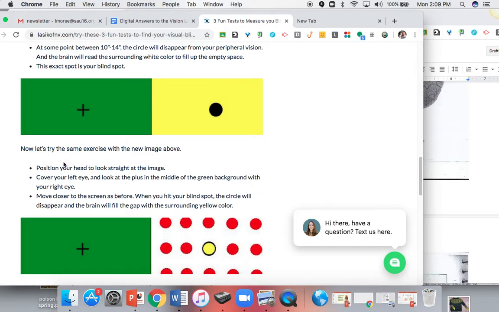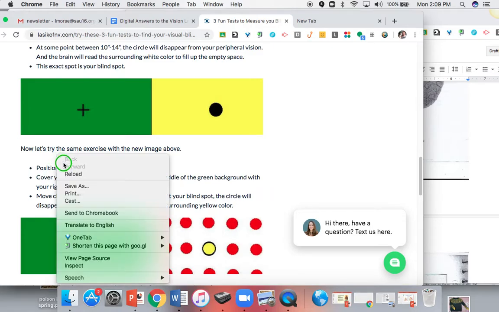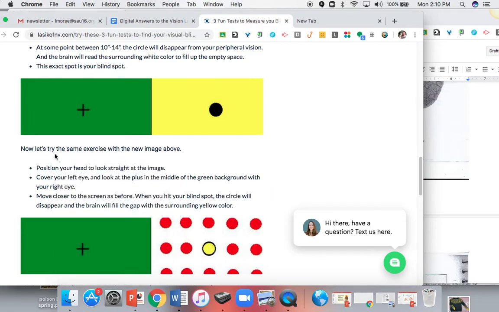And as you get there, mine is about 10 inches away, the yellow dot will disappear. So again, you close your left eye, you focus on the green plus with your right eye, and with your mind you pay attention to the yellow dot, and eventually it goes away as you move your face towards your screen.